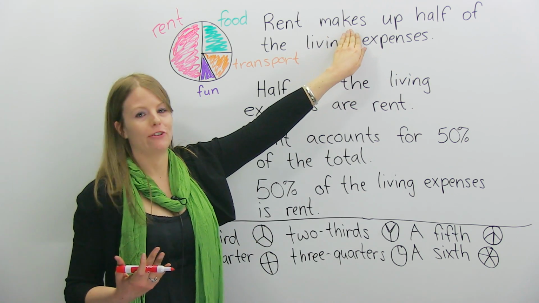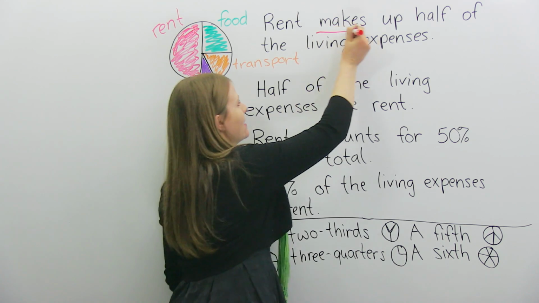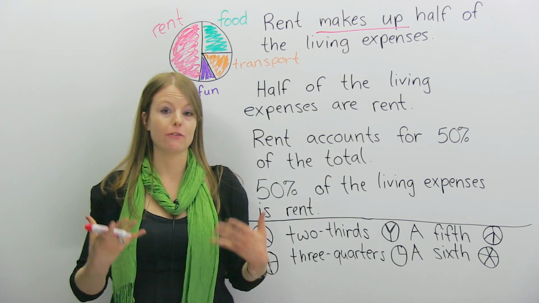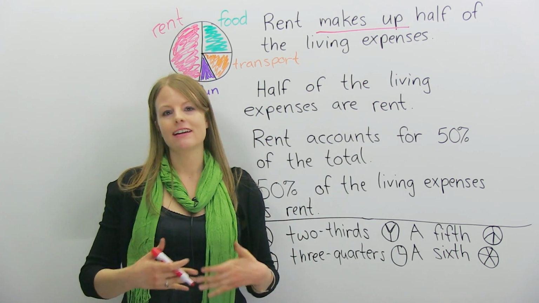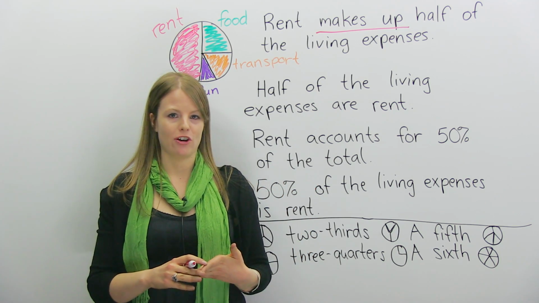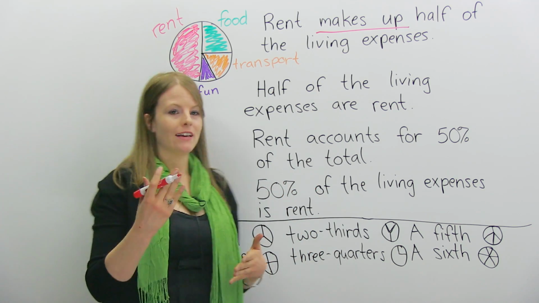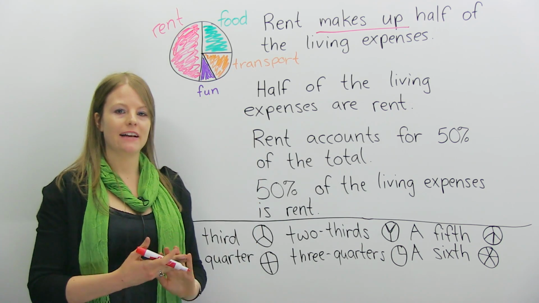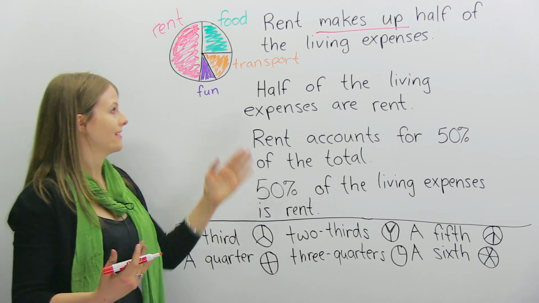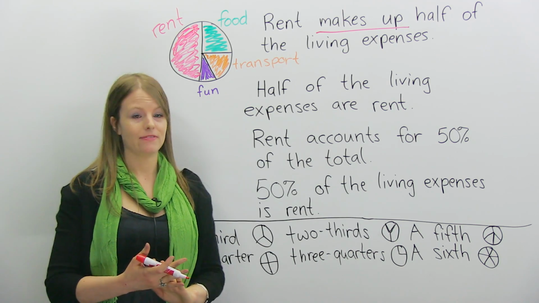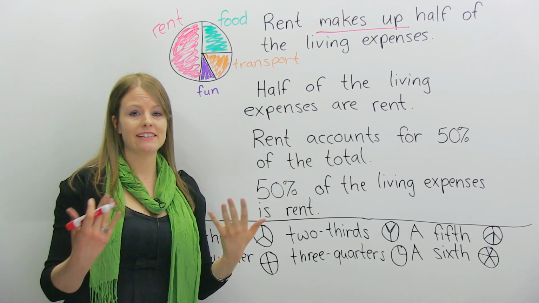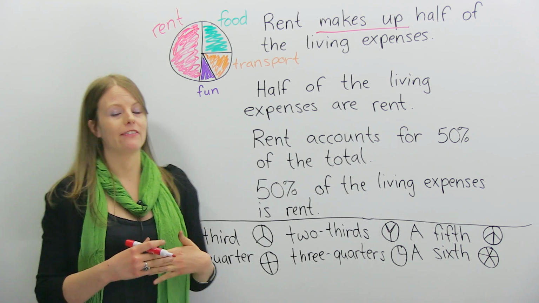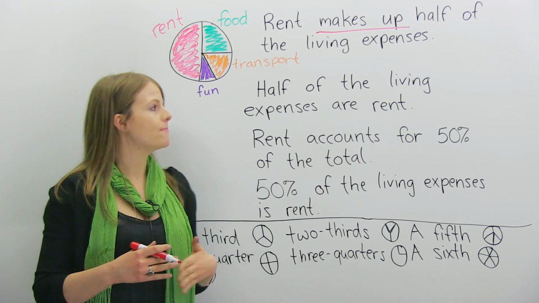And notice the verb I use here: makes up. This is a phrasal verb that is great to use when you're talking about pie charts. If I wanted to talk about food, I could say food makes up 25% of the living expenses. Transport makes up 15% of the living expenses, okay?